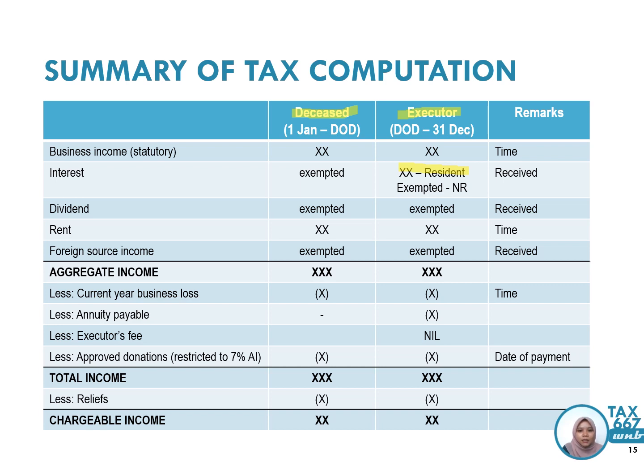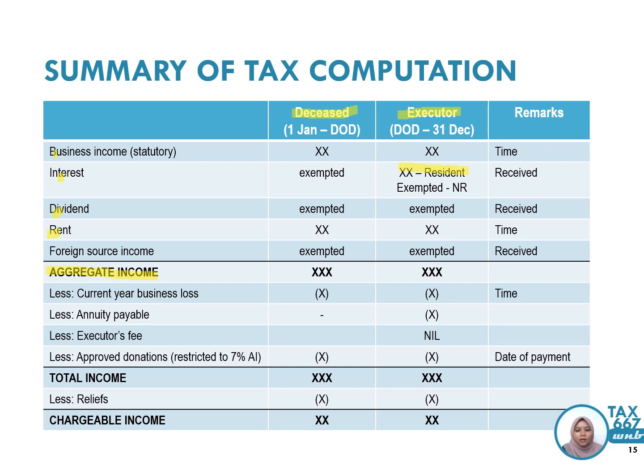So dah listkan everything daripada 4A, 4C, yang ni pun 4C, rental 4D. So you akan dapat aggregate income. Daripada aggregate income, we going to deduct some expenses yang dibenarkan tolak.